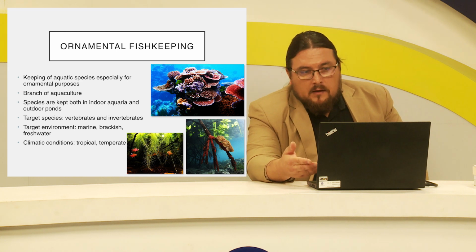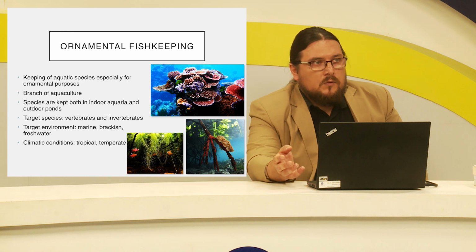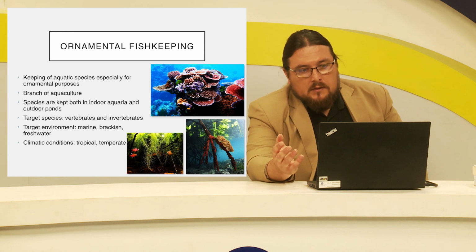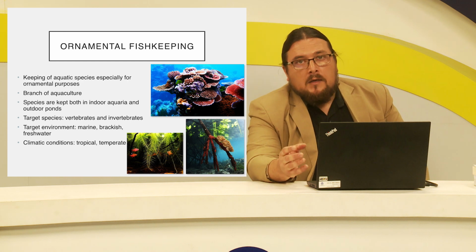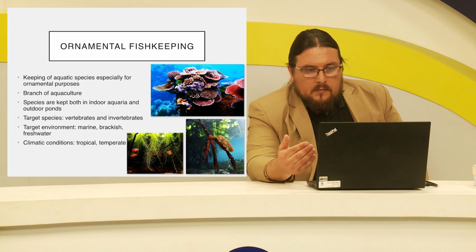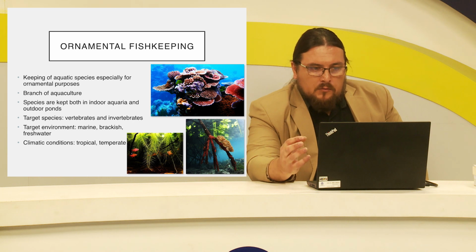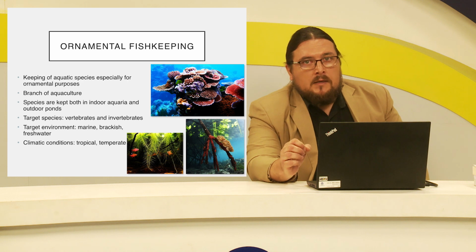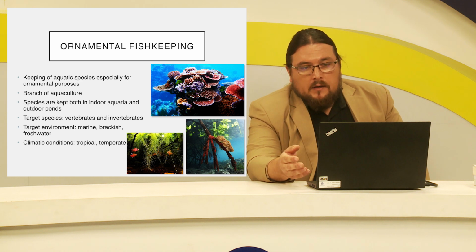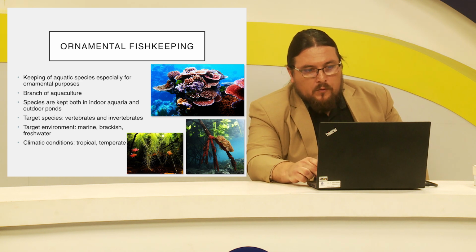And there are also some temperate, or you can say cold water animals, which are used for ornamental keeping, but these are in some coloration morphs and kept especially in outdoor ponds, like koi or nishiki-goi.